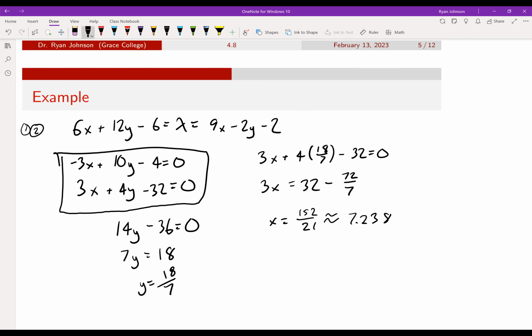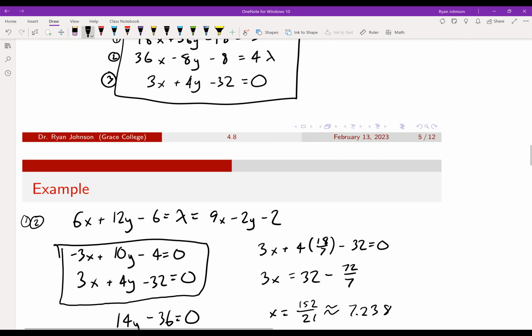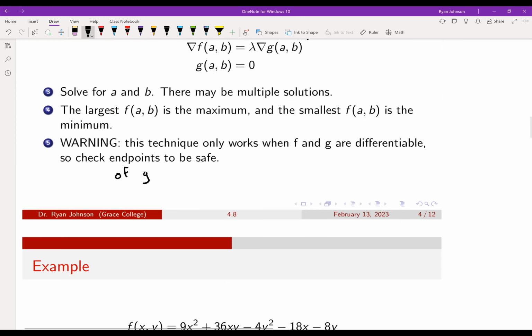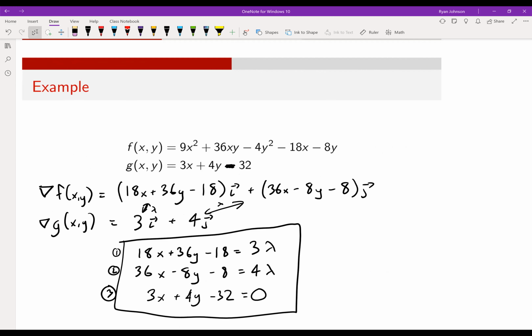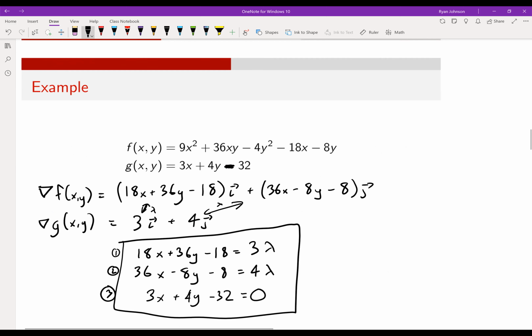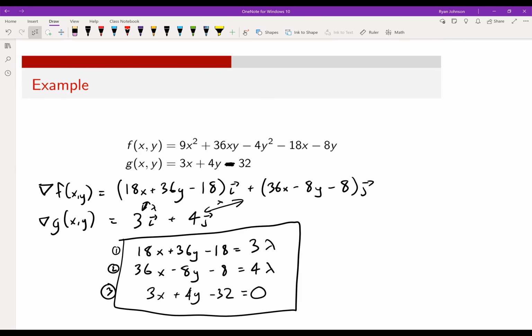All right. Now, going back to our original question, here was our function. There was the constraint. And so we got only one answer. So that answer might be the maximum, it might be the minimum. If we were in a situation where x and y had to be positive, then we would plug in the endpoints of this.